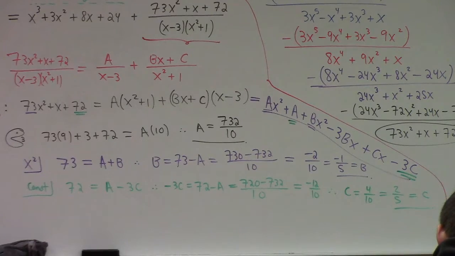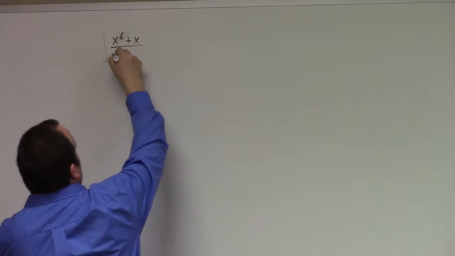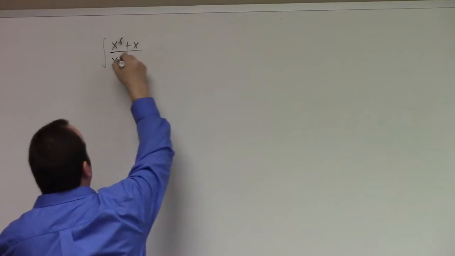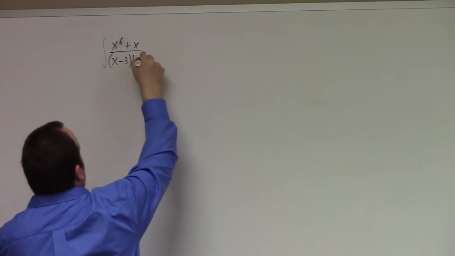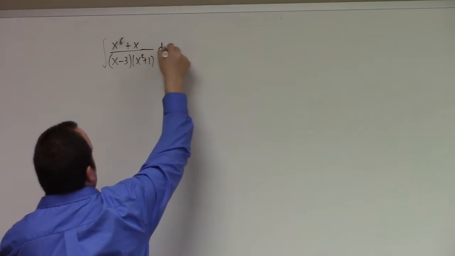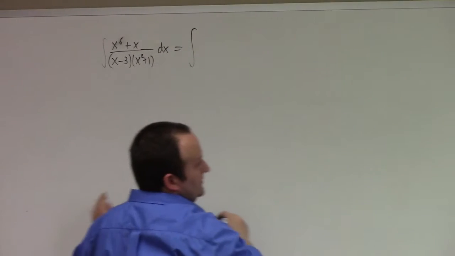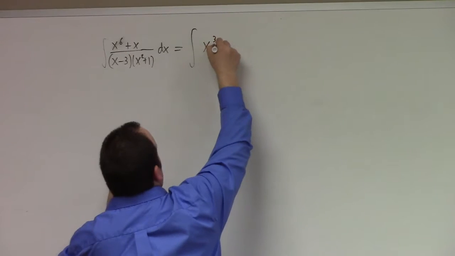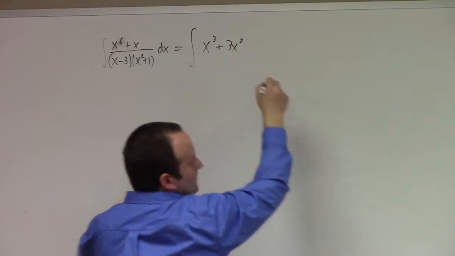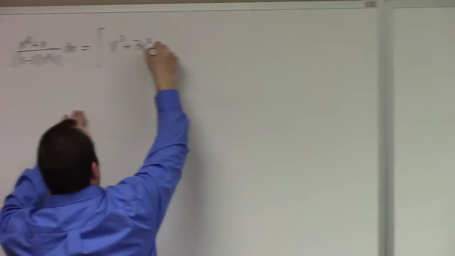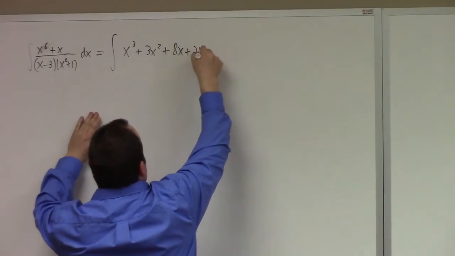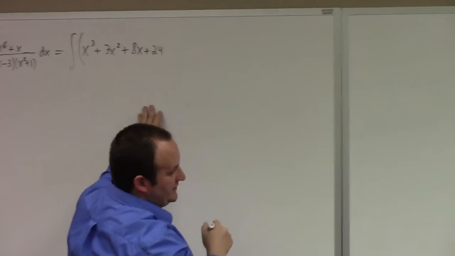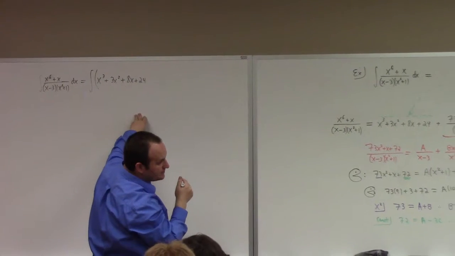So just to conclude this, the integral of (x to the 6th plus x) over (x minus 3) times (x squared plus 1) dx is actually equal to the integral of x cubed plus 3x squared plus 8x plus 24. Right? And then what's next? A was what?